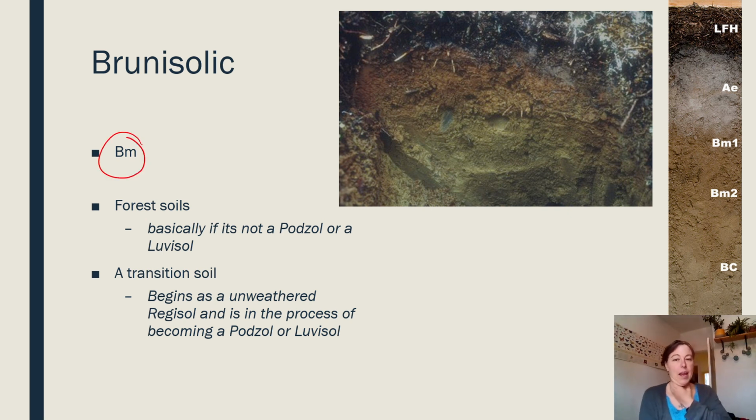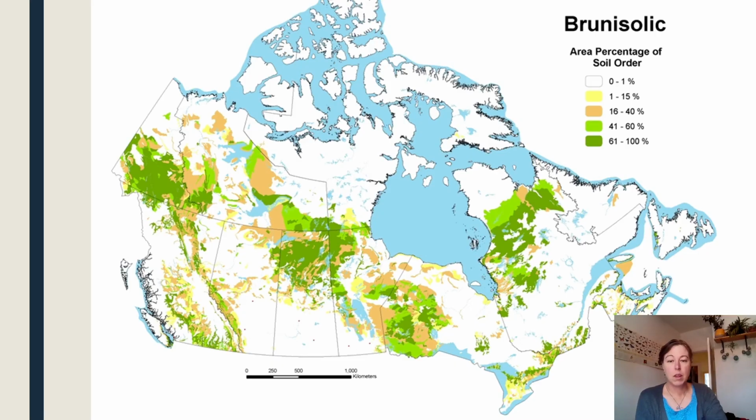So we'll talk again more about the differences between podzols and brunisols when we look at our soil profile, because there are some brunisols in our area. But as you can see, they're more common in the north than down here. And I think they've just spent less time unglaciated, so they've had less time to form.